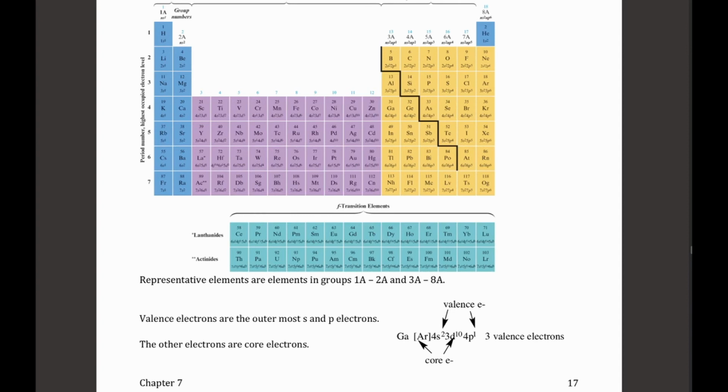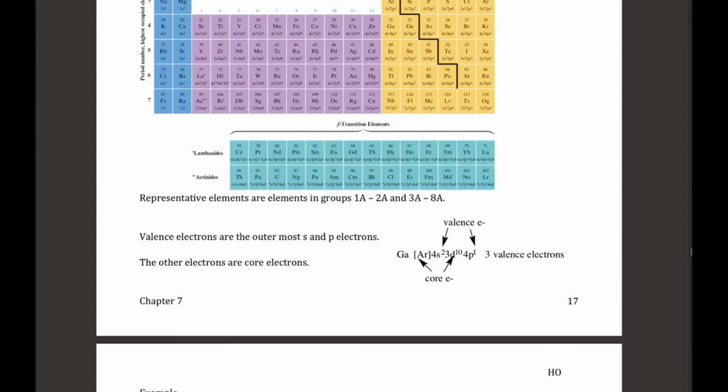Valence electrons, those are the outermost s and p electrons. So if we look at gallium, its outermost shell is n equals 4. So we go to the electrons that are there in s and p atomic orbitals, and we see that there are 3 of those. Those are the outermost electrons.